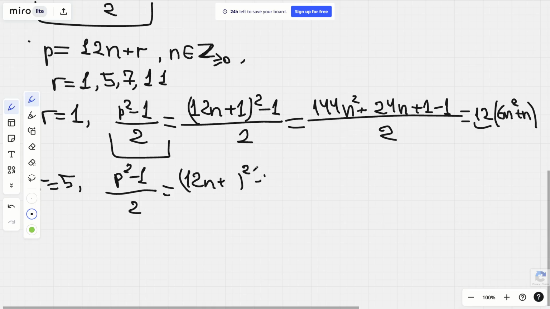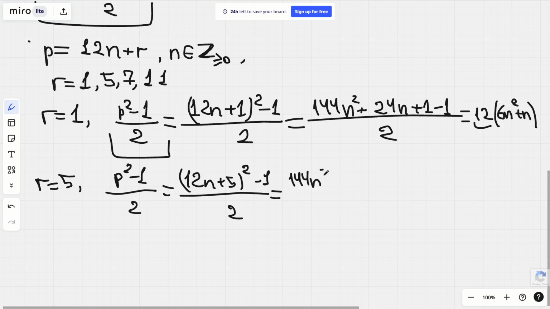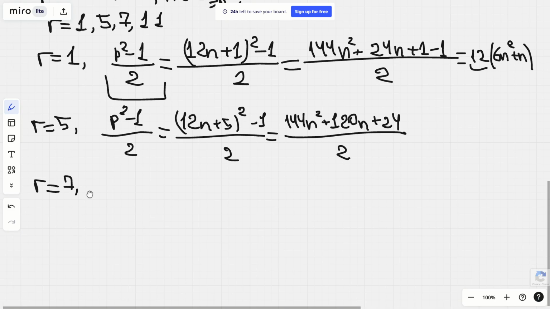So we'll have 12n plus 5 squared minus 1 divided by 2. It will be 144n squared plus 120n plus 24, because 5 squared is 25, 25 minus 1 is 24, divided by 2, and of course we can clearly see that this one is divisible by 12. Now let's solve for r equals 7.